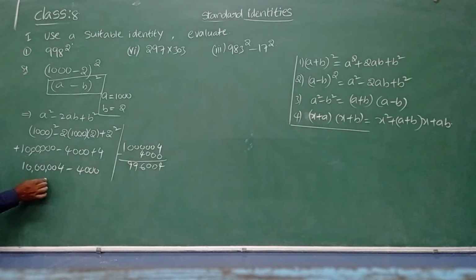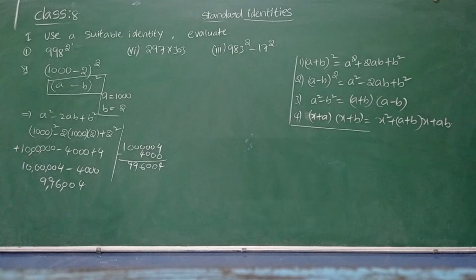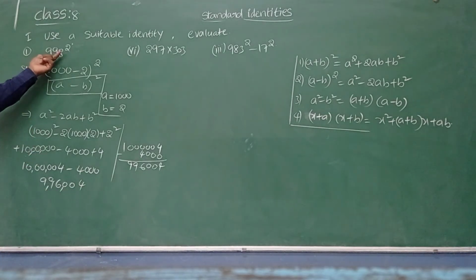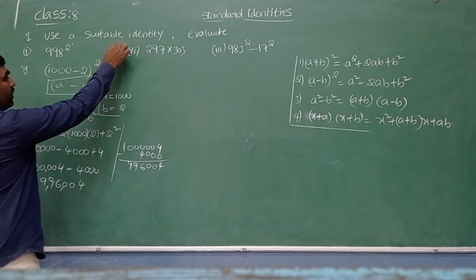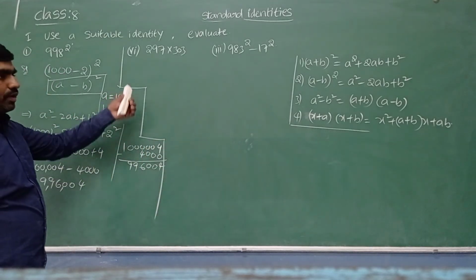The result is 9,96,004. Yes, with the help of identity we made it easy. Hope it is clear. Then we go for the next problem.